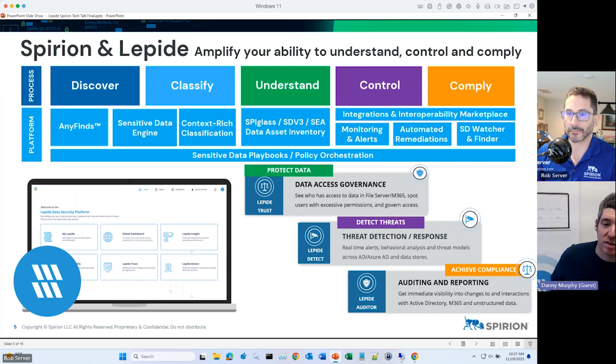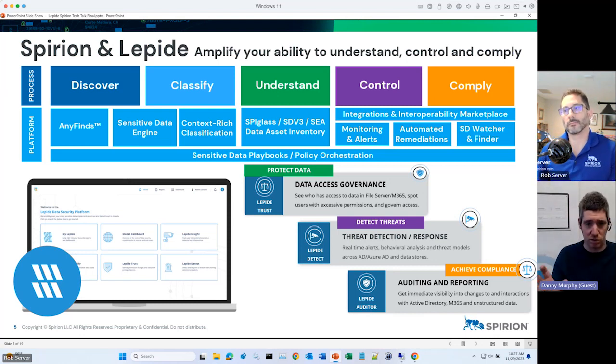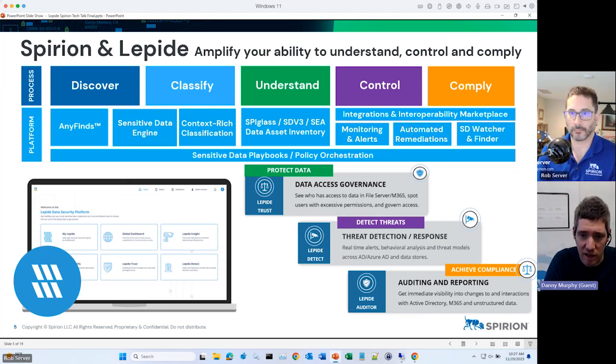Yeah, absolutely. So it goes into three key areas throughout our data security platform. We essentially have these modules within our platform: Lepide Trust, Lepide Detect, and Lepide Auditor. It's broken out into these three key areas: protecting data, detecting threats, and continuously auditing, reporting, and monitoring to achieve compliance.